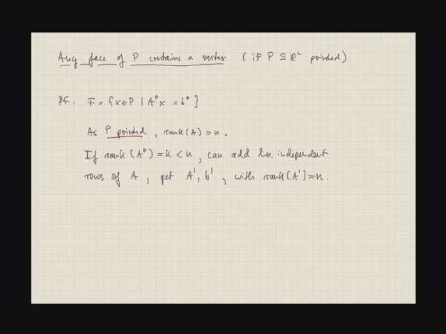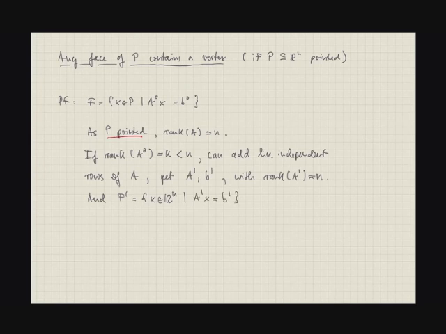and then F prime, which is obtained as all the points which fulfill this augmented system, so A prime x equal to B prime.